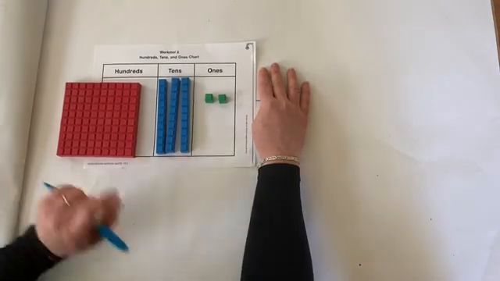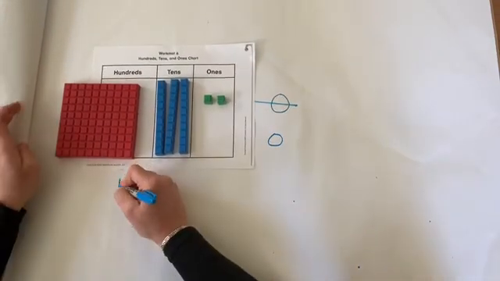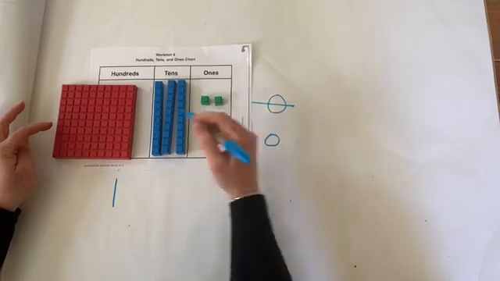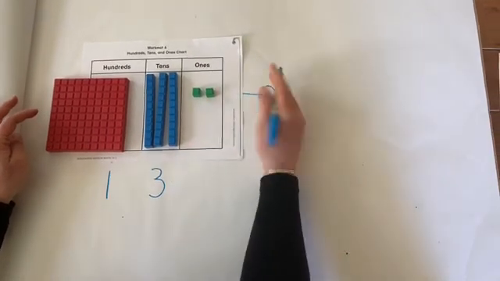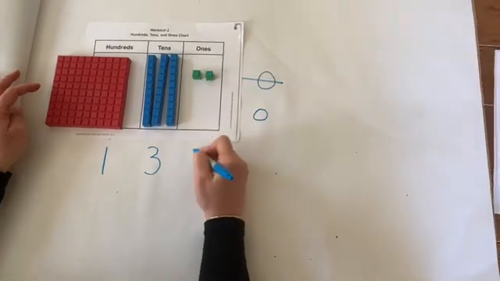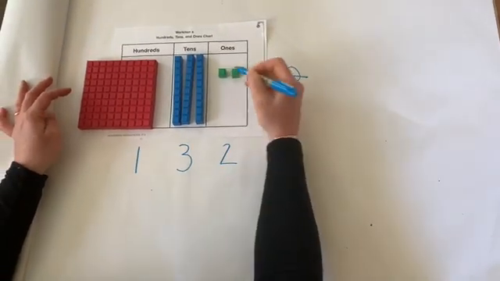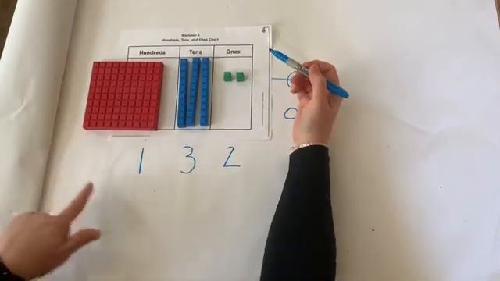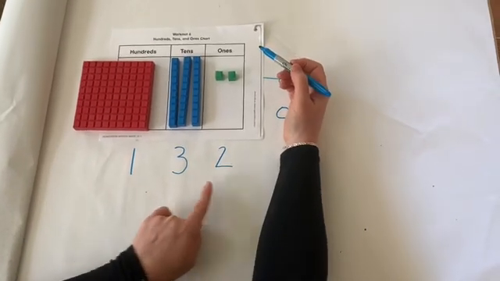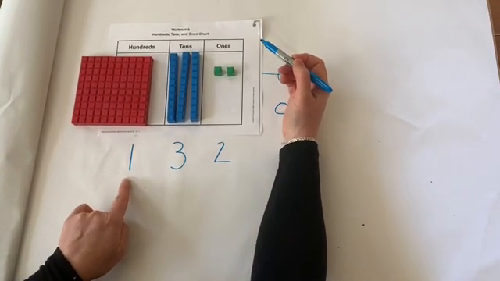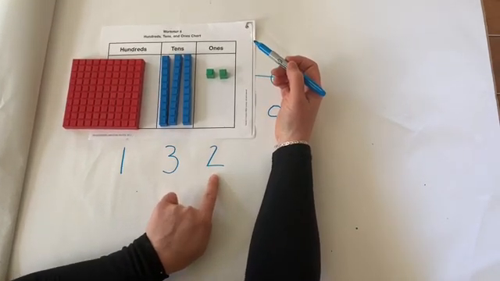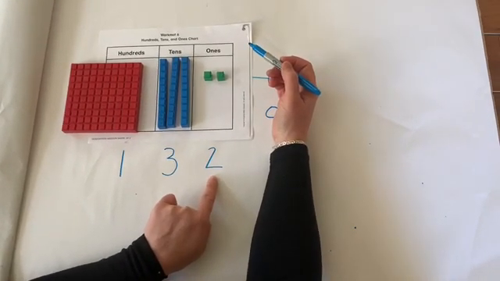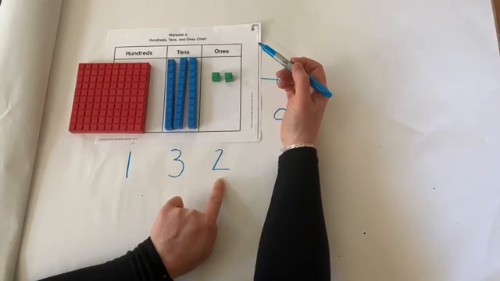Well, let's look. I have 1 hundred block here. I have 3 ten blocks, and I have 2 one blocks. So what number have I represented? 132.